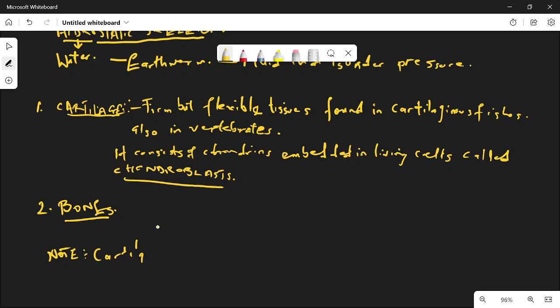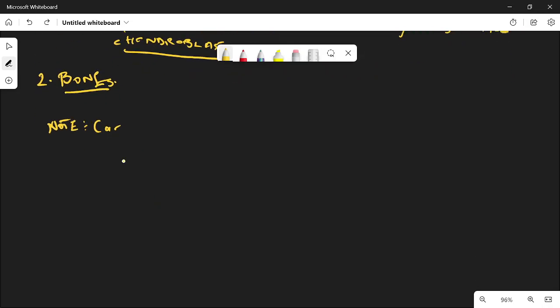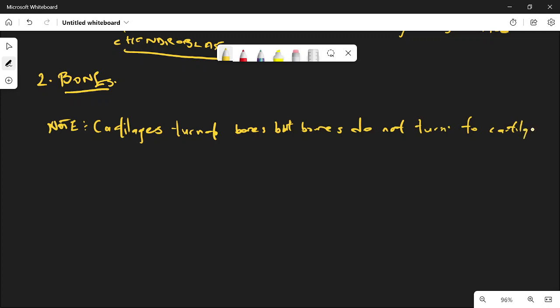Cartilages turn to bones, but bones do not turn to cartilage.